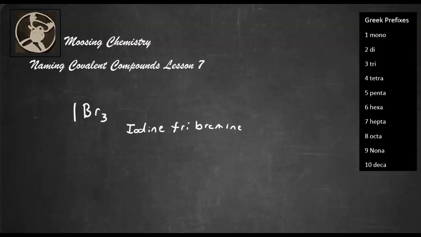The tri is correct because we do have the number 3, and that's the correct prefix for it. However, we don't use INE. We change that to IDE. So in actuality, this is going to be iodine tribromide. And that's the correct way to do it.